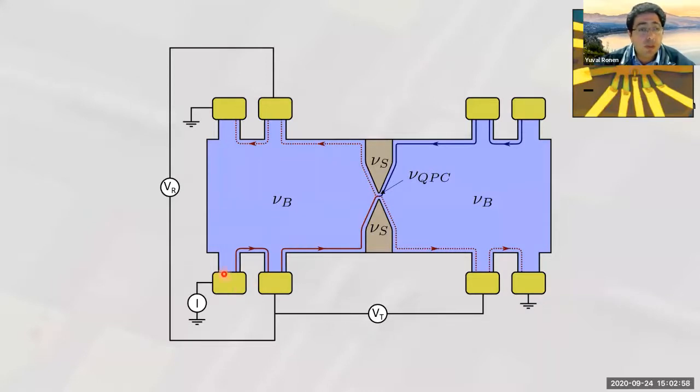Now, the measurement that we do is quite simple. We source current from this contact, so you can imagine an electron which comes, right? It comes to the QPC, and then it can either be transmitted or it can be reflected. And what we measure is VT. We measure the chemical potential between these two contacts, which is basically asking the question how many electrons stayed at this edge as opposed to how many electrons tunneled to the other side.